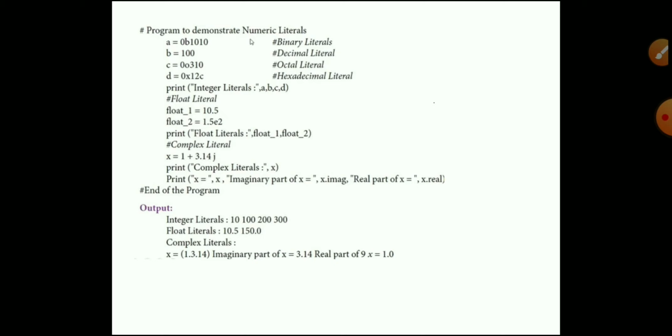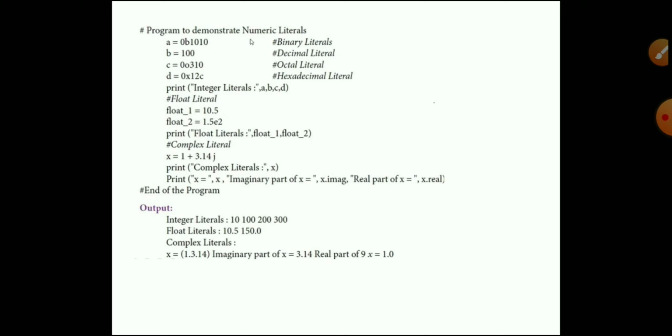Next, decimal literal. In integer values, decimal literals look like b equal to 100, where b is the variable name. It is a normal integer value.